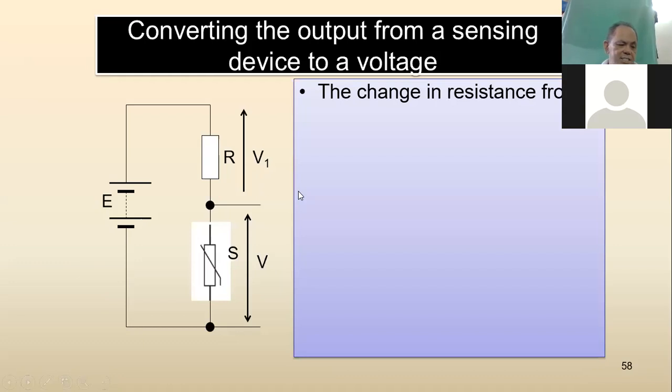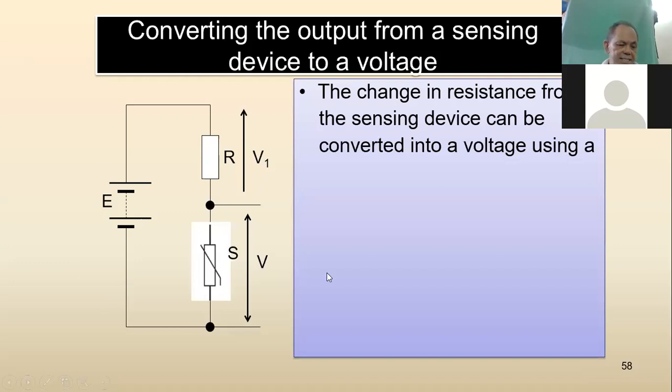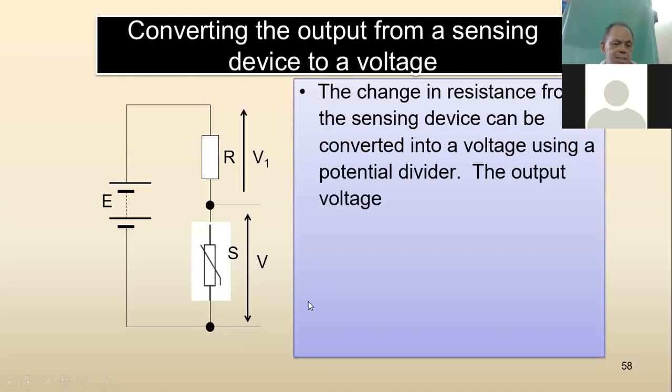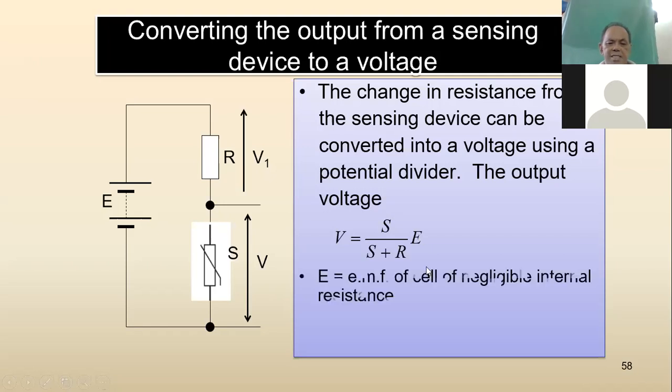A change in resistance of these sensing devices S, you change the resistance, there's a change in voltage across here. So the output voltage V depends on S divided by S plus R, times E. E is the EMF of the cell, a constant, with no internal resistance.